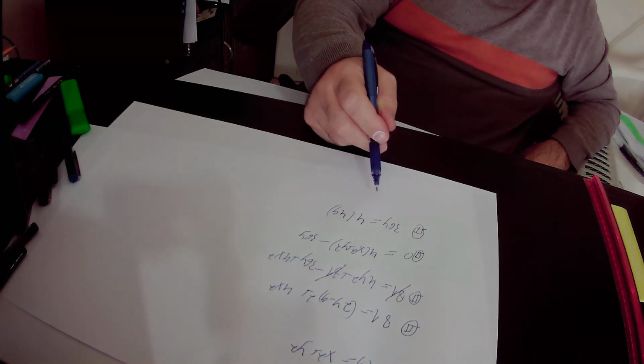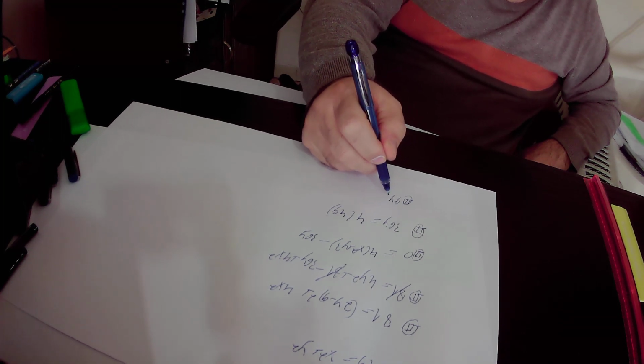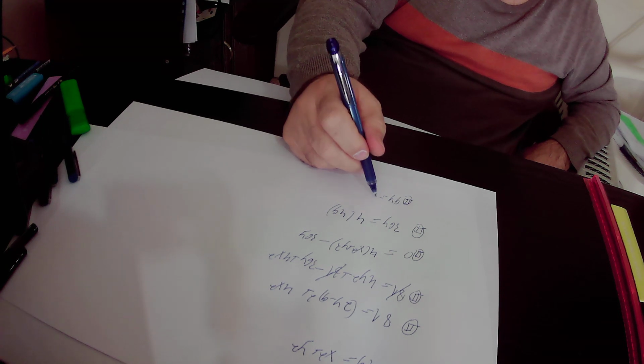We will divide this equation by 4, and we will get that 9y equals to 49.